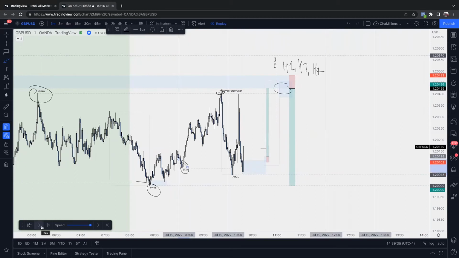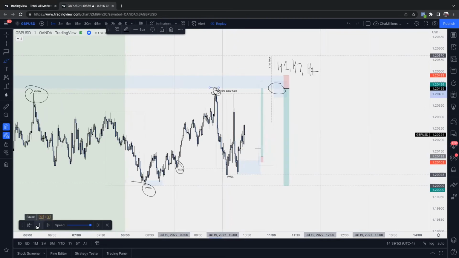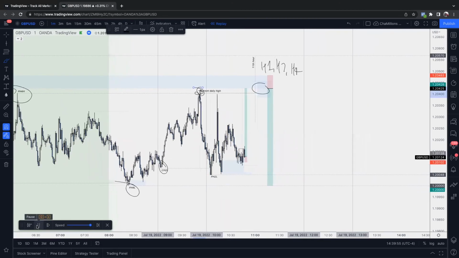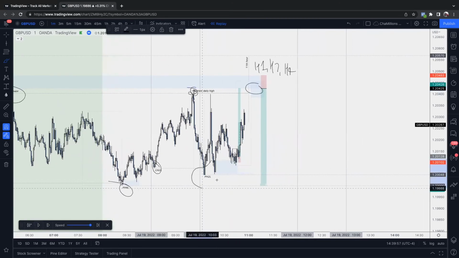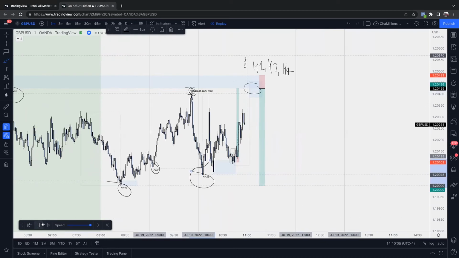React to price. Never predict, because you never know what's going to happen next. Just react, right? So what's next? Now you have an alert set here, and after you take this buy here, there's an alert here. Alert goes off.